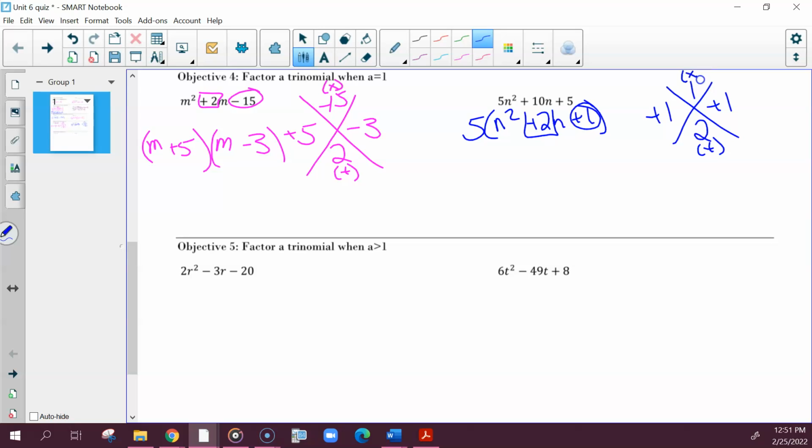So just like this one, I would have my 5 that I originally factored out. I'd have 2 sets of factors. I'd have my variable, n and n, and then my 2 plus 1s. Before we do this the second way, do we have questions or concerns or confusion on how we got that?